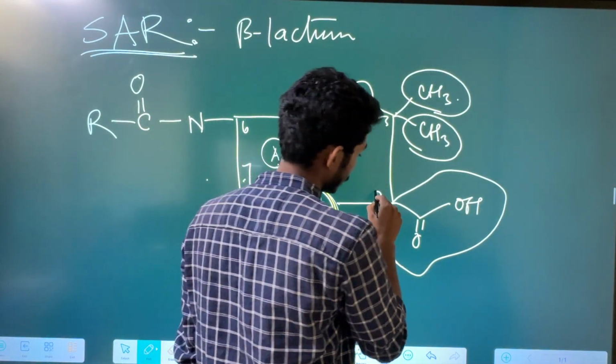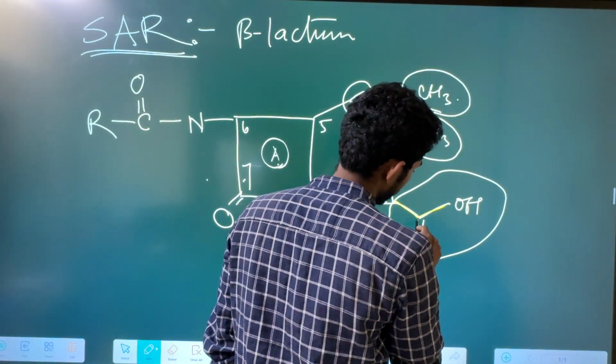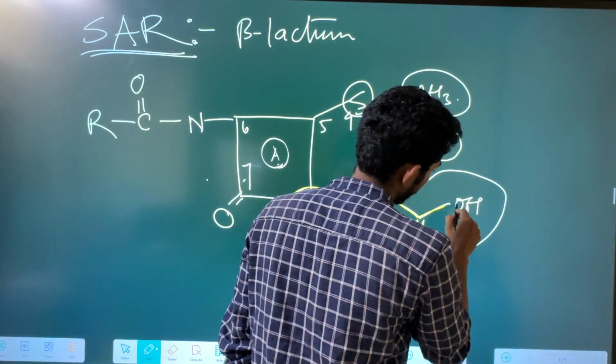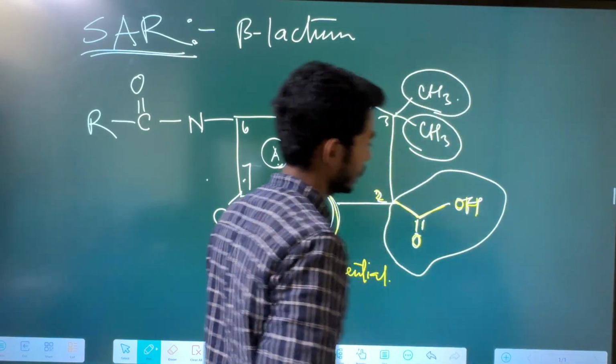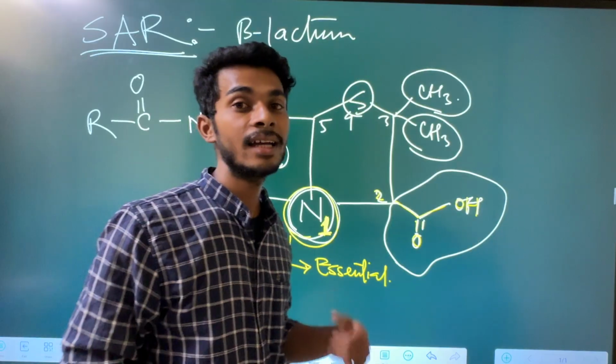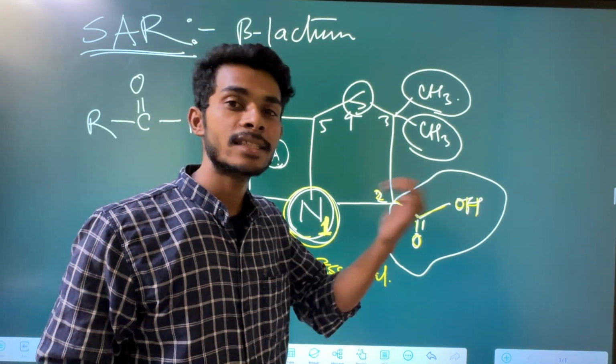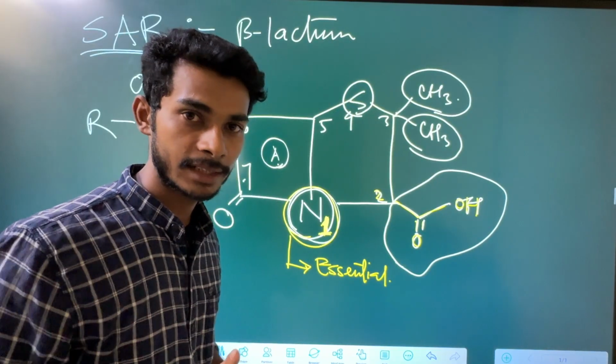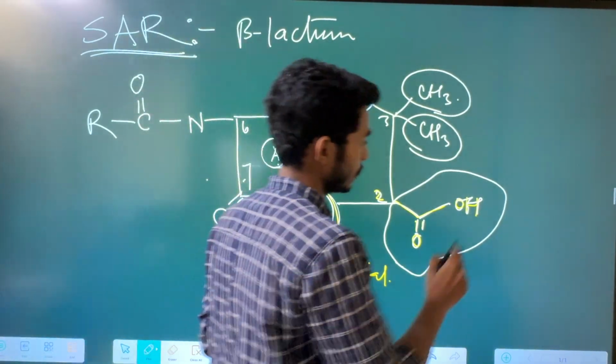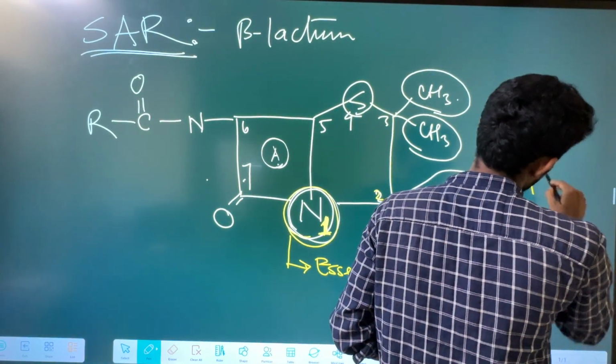Number 2, in the second position you will see carboxylic acid. This carboxylic acid group is also very important because it increases the lipophilicity, and when lipophilicity increases, ultimately it will increase the bioavailability of the penicillin inside the body. First thing. Second thing, let's write there, increase lipophilicity.